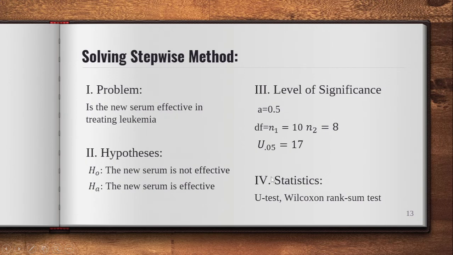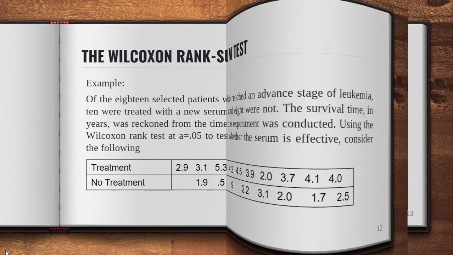And level of significance, so A is equal to 0.5, the degree of freedom is equal to N sub 1 is equal to 10, the N sub 2 is equal to 8. So the tabular value is equal to 17. So paano po siya naging 10 and paano po siya naging 8? So balikan po natin yung previous slide.